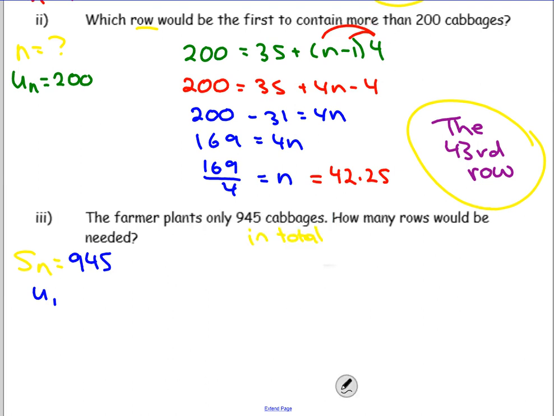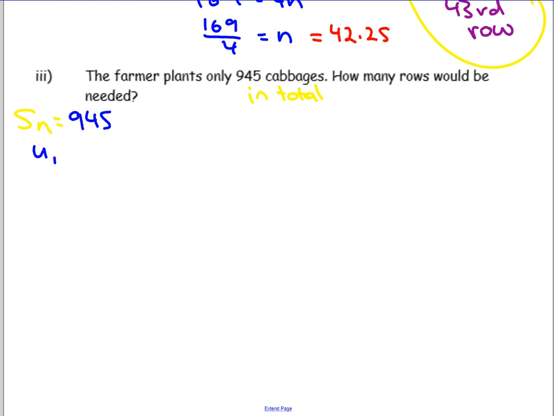So it's the sum of an arithmetic series. So we're not using the sum of a geometric formula, we're using the sum for an arithmetic. So that sum formula. Do we know how many are in the last row? Like, do we know what the last term in the sequence is?